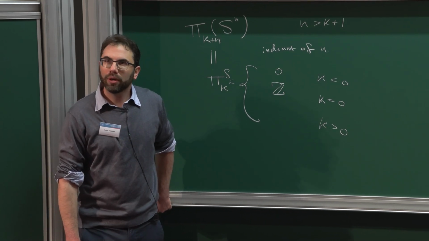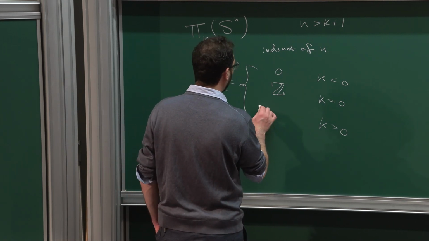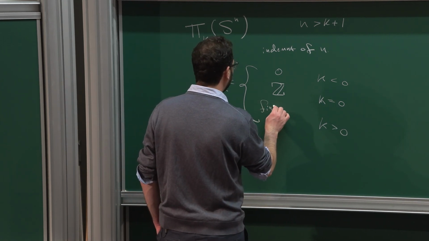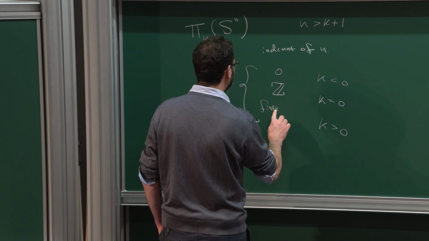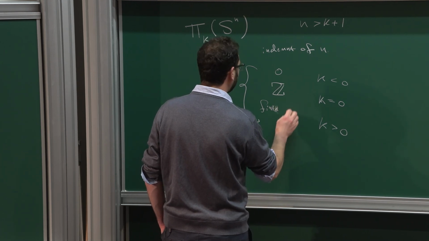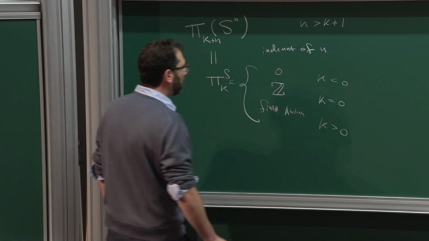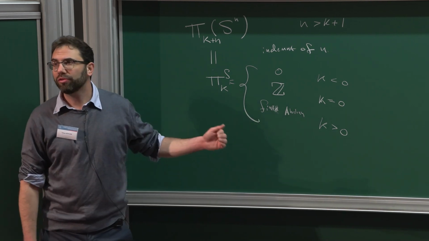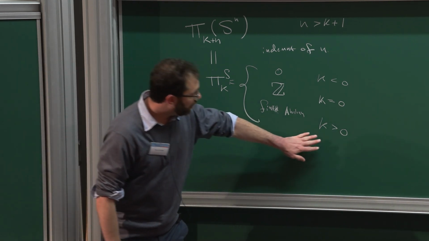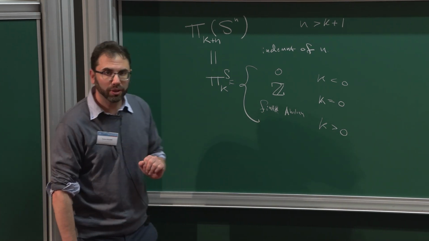And we already know, thanks to Serre, that those are all finite abelian groups. So we get a sequence of finite abelian groups, one for every positive integer.